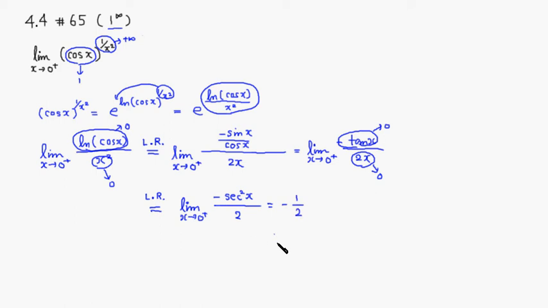So this power approaches negative 1/2. Remember that only the power goes to negative 1/2, so the original limit is e to the negative 1/2. That's it. I hope that this was clear.